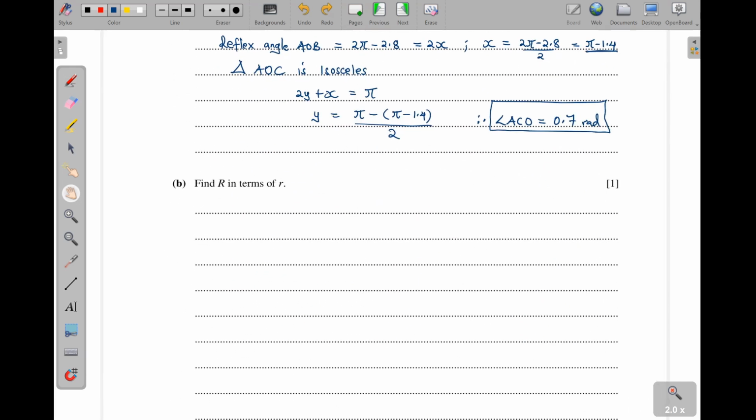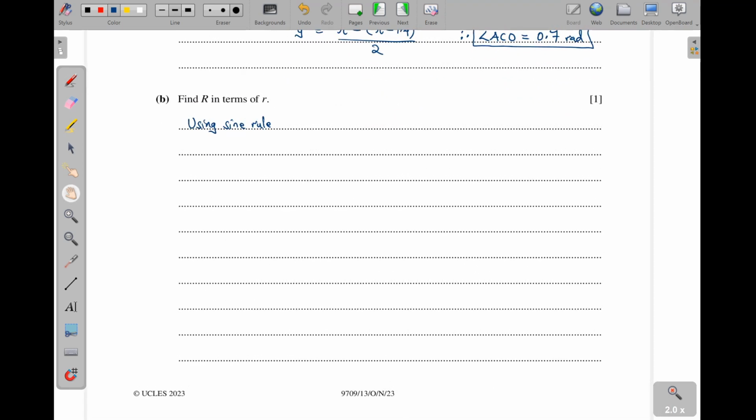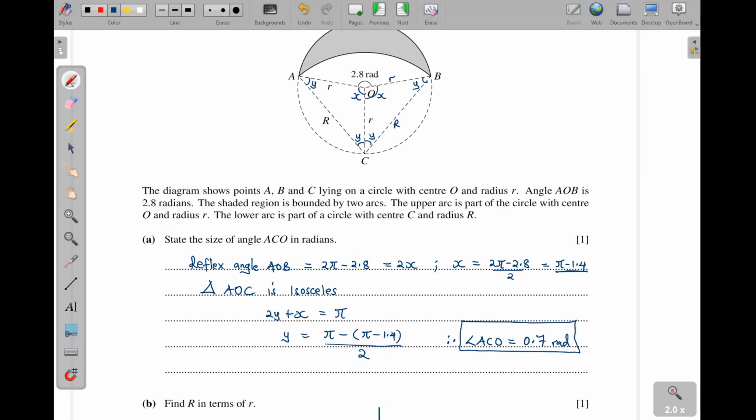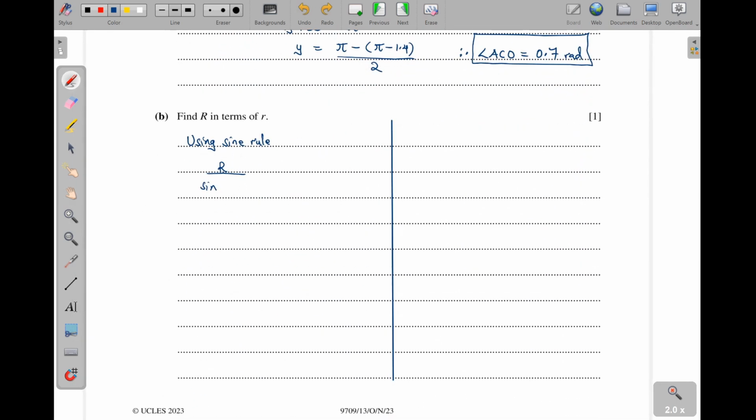So I'm going to say that using sine rule, remember if a triangle is not right angled, then you can use sine or cosine rule. Now we have R over sine of the angle that is opposite to it, this X here, which is pi minus 1.4.